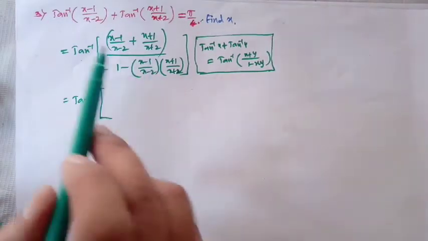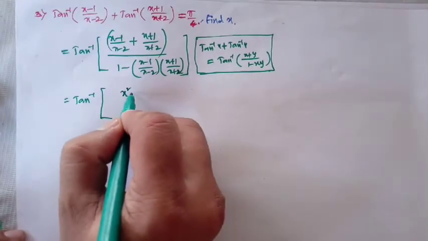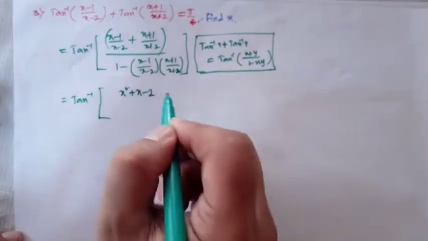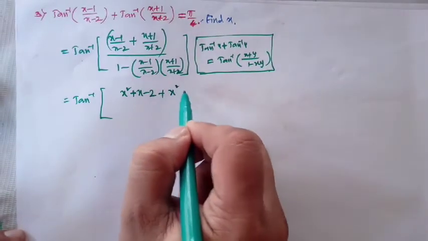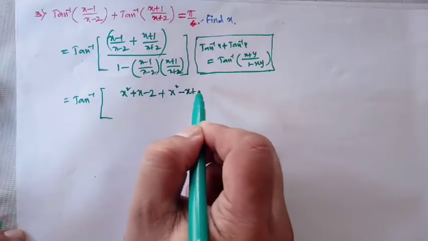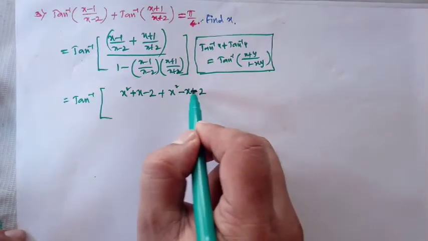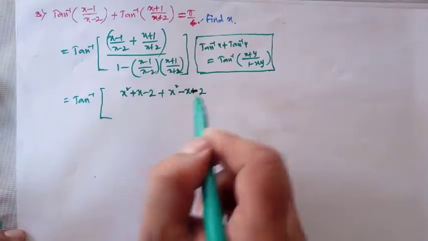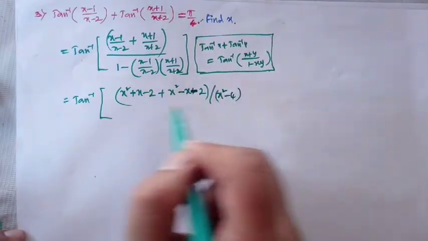So let me write one more step. (X minus 1) into (x plus 2) gives x square plus x minus 2, plus (x plus 1) into (x minus 2) gives x square minus x minus 2. So keep it as minus 2, and the whole thing is divided by x square minus 4.